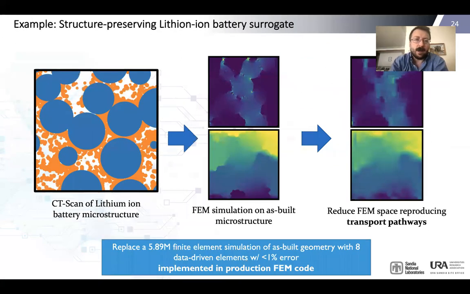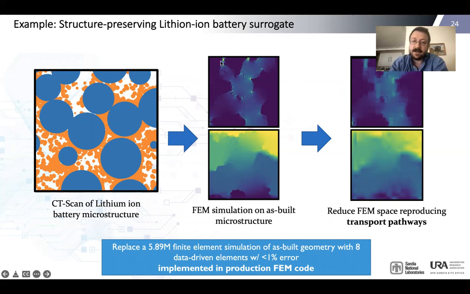So here's an example where we've used this to build a surrogate for lithium-ion batteries. On the left here, this is a CT scan. We have a voxelized representation of a microstructure. Blue is lithium particles, orange is a conductive binder, white is a structural matrix. And so we have tools at Sandia to automatically build meshes from these voxelized microstructures. And it's a super expensive thing. Even for this simple 2D problem, we're looking at about 6 million elements.